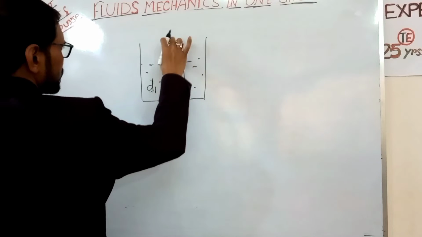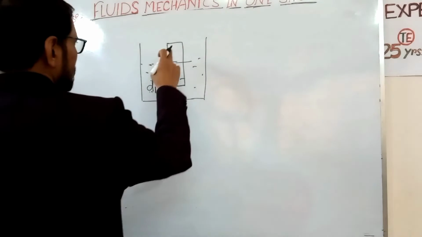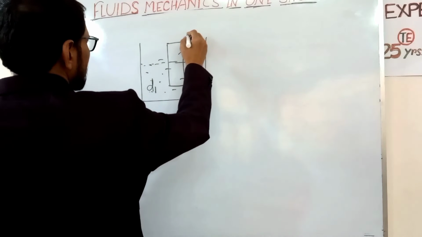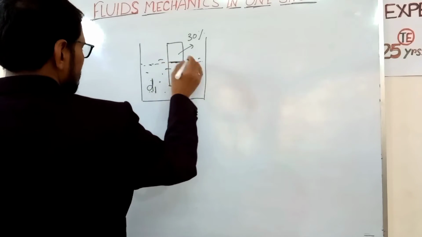When this block floats within this liquid, it is 30% upside and 70% within the liquid.